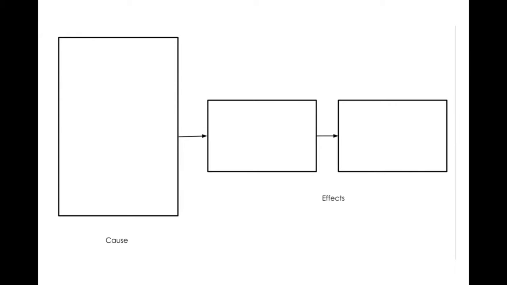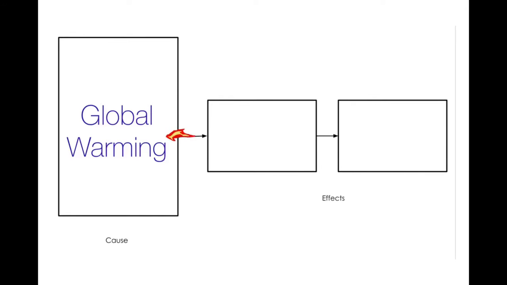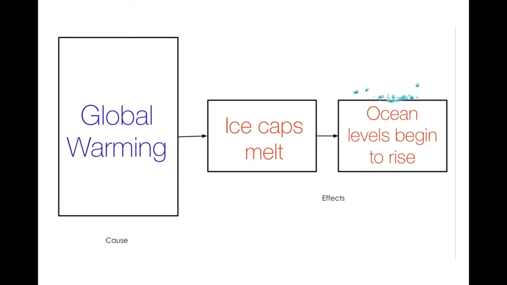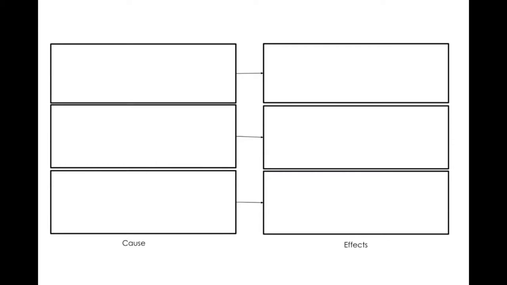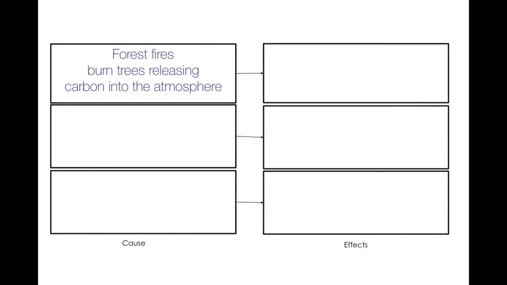We can also have a cause that leads to a chain of effects. For example, my cause or event is global warming. In consequence, ice caps melt, which then leads to ocean levels beginning to rise. On the other hand, a text may list 3 independent causes and each one of their effects. For example, our first cause is forest fires burn trees, releasing carbon into the atmosphere.